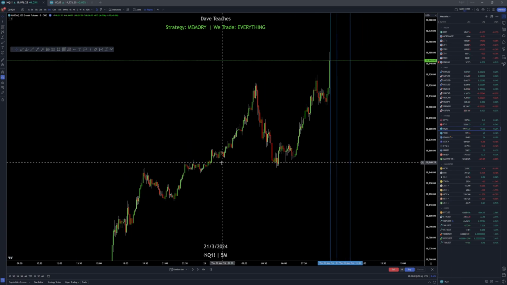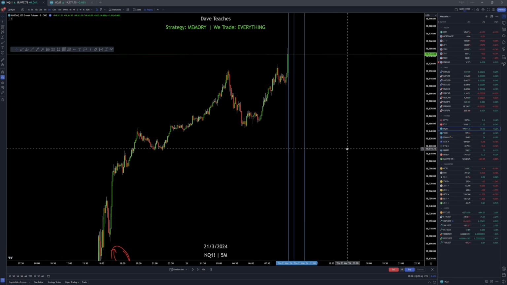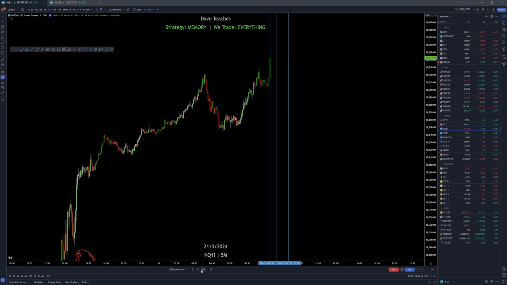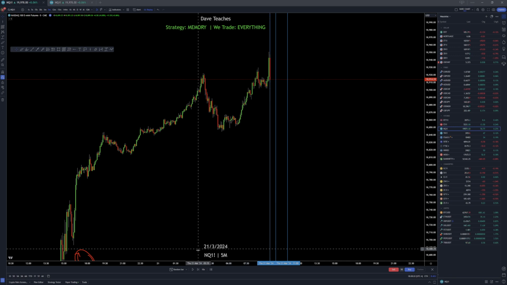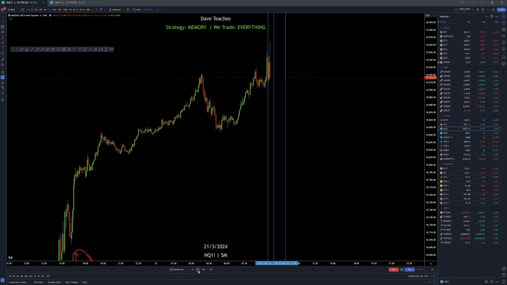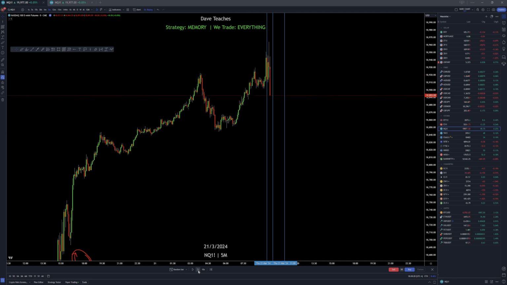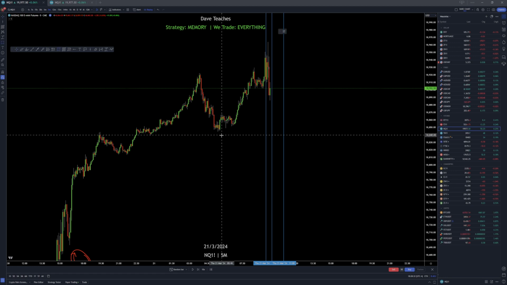Here's 10. We have nothing to the left, so no. I think this is all-time highs. So that's a 9:30. See, at 9:30, remember what we said about the 4-hour wick, right?